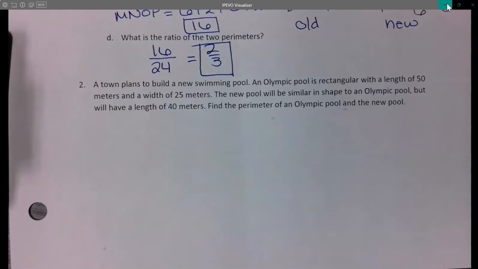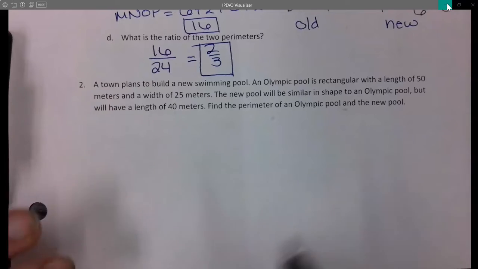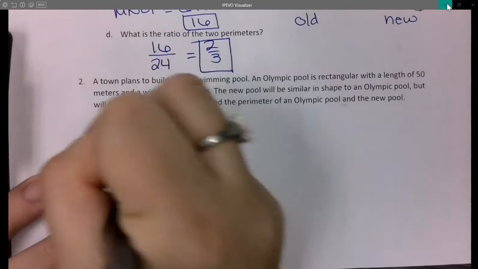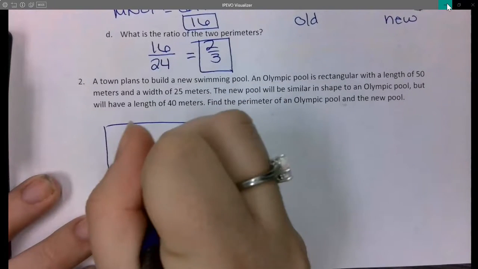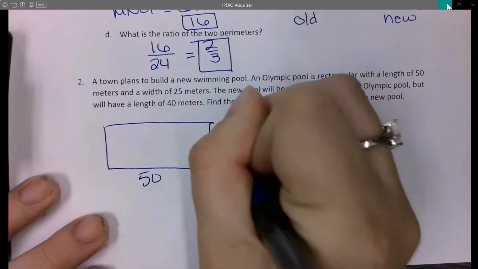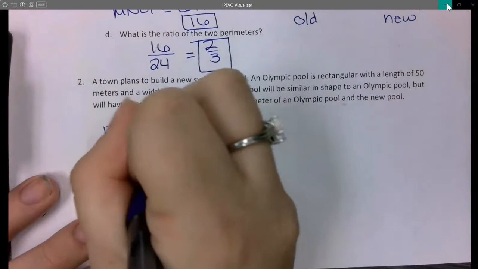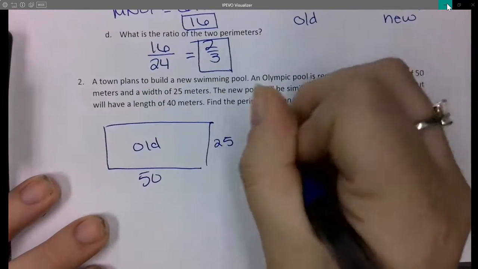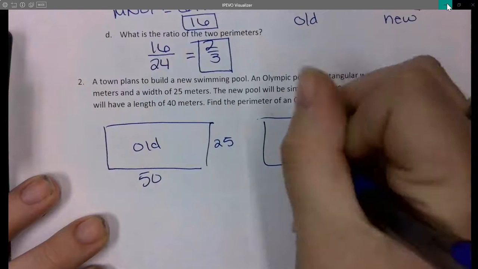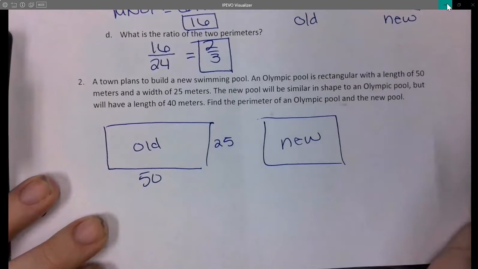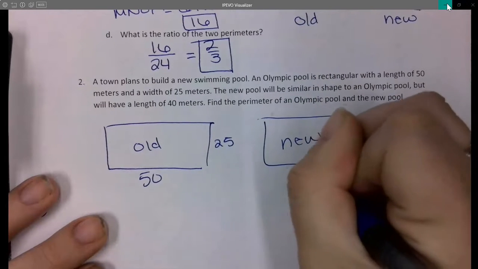Number 2 says a town plans to build a new swimming pool. An Olympic pool is rectangular with a length of 50 and a width of 25. So 50 and 25. I'm going to make this one my old. And then the town's new pool is going to be similar in shape, but it's going to have a length of 40.